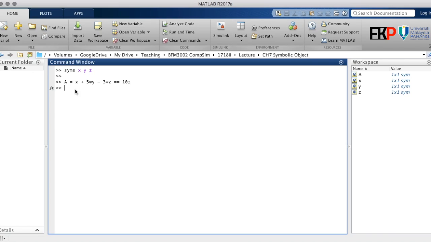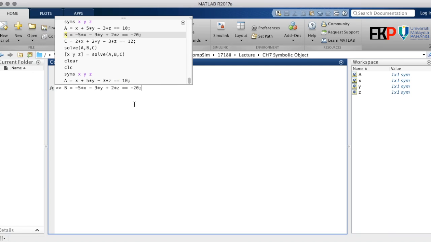See that there are two different equal signs here, as we have already mentioned in previous class: one equal sign means that we assign something to a variable, and this double equal sign means equal. So in this case, we assign this expression to A, and this here means that x plus 5y minus 3z is equal to 10.